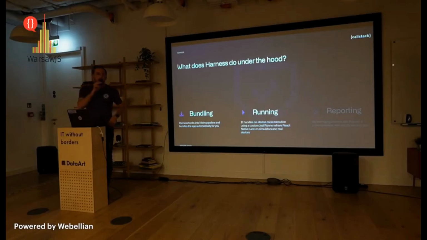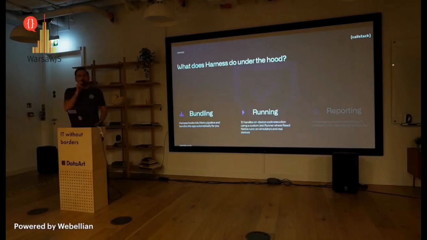And then when you start running tests via Harness, it tries to hijack your app. So if your app is starting, it's asking Metro for the index.js file, the entry point, and Harness is like, no, this is not the file, you need to use mine. And basically, the runtime JavaScript code of Harness is injected into your app shell.